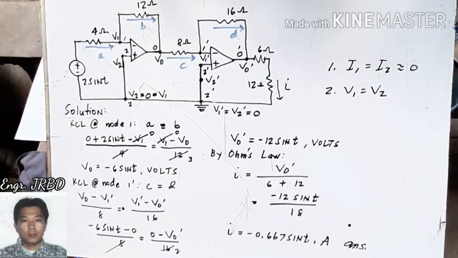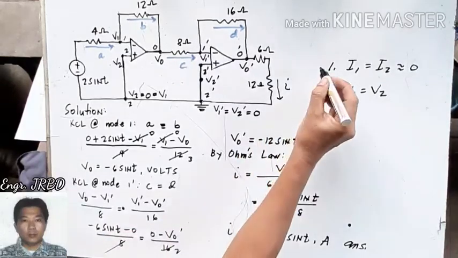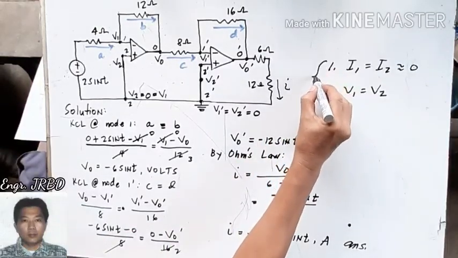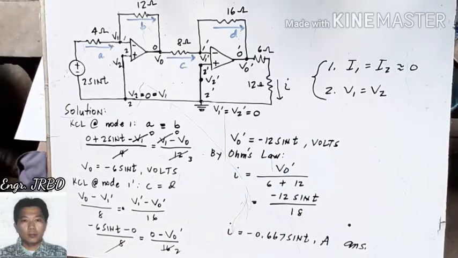Just these two. And the rest is your knowledge and your ability to analyze the problems applying the basic laws as well as the networks and theorems that we have finished previously, particularly KCL and KVL, loop and nodal.